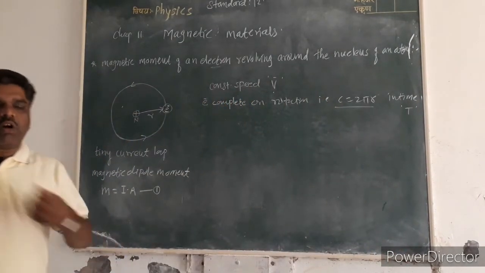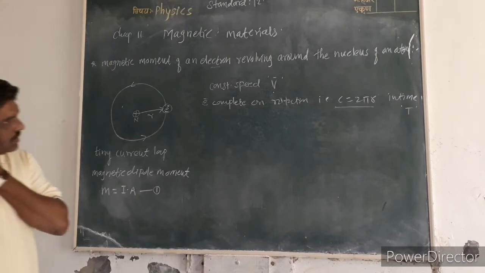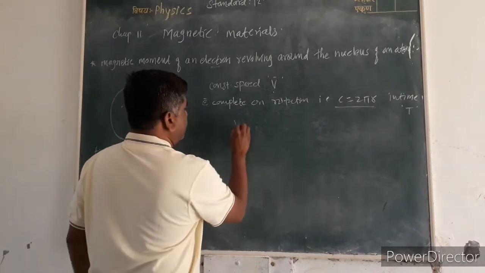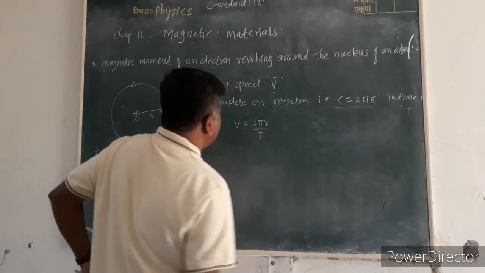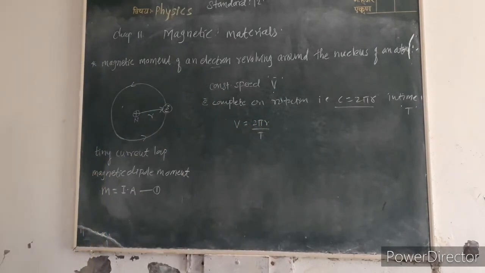Therefore, the speed of the electron is given by v is equal to 2 pi r upon t.